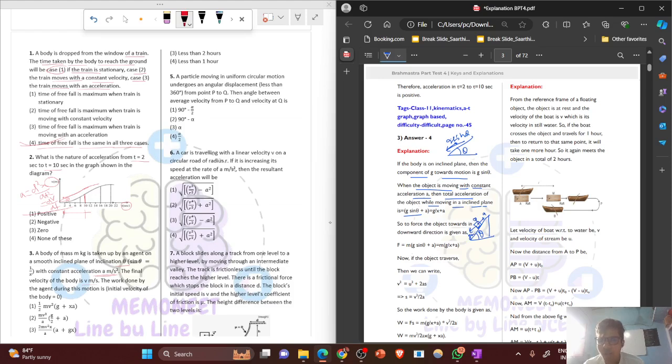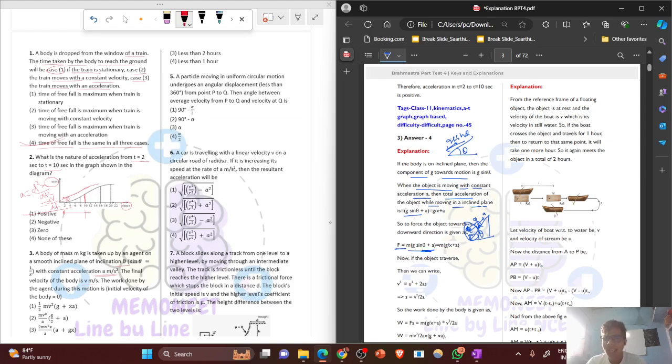If we sit on the body, its pseudo force will act in this direction, and then it will be g sine theta plus a. So your force will be m times g sine theta plus a.